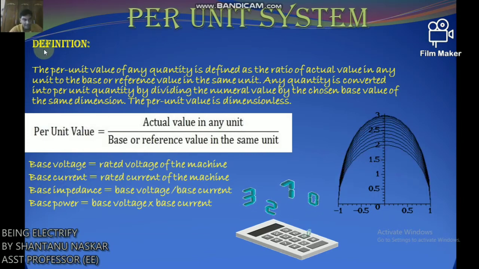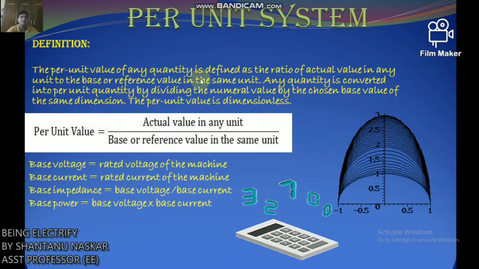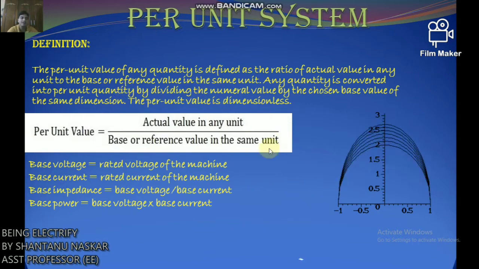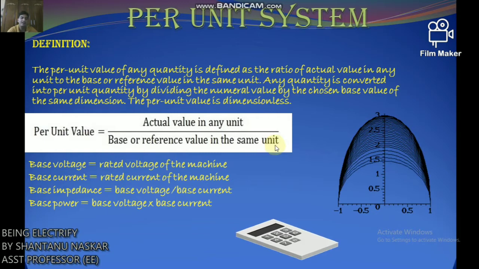So let us discuss the definition of the per unit system. The per unit value of any quantity is defined as the ratio of the actual value in any unit to the base or reference value in the same unit.